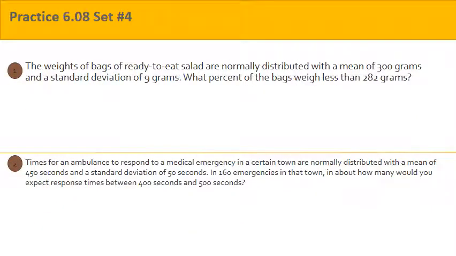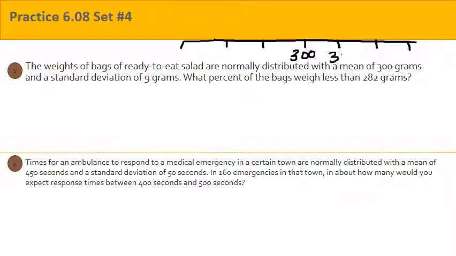All right, so last one, just like problem set number 4. So in problem set number 4, we have the weights of bags of ready-to-eat salad are normally distributed with a mean of 300 and a standard deviation of 9. So add 9 going up, so it's 309, 318, 327.